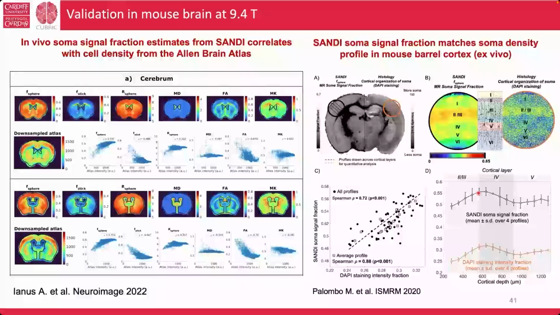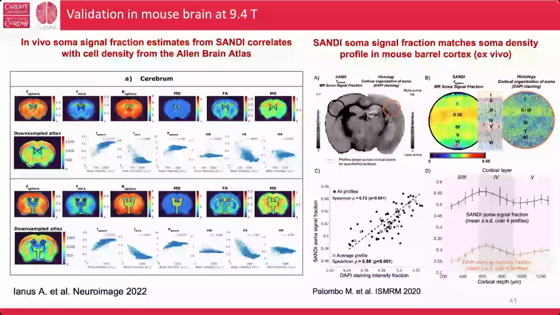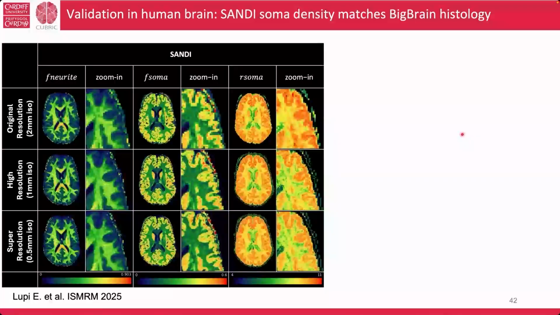A very recent work that Eleonora Lupi is going to present at the next ISMRM involves increasing the resolution of these approaches, because it would be really amazing if we could quantify this layering in the human cortex in vivo, but we have a limitation, which is the resolution. So what Eleonora did is to adapt a machine learning approach called image quality transfer to work for data acquired at ultra high b-value and at different diffusion times.